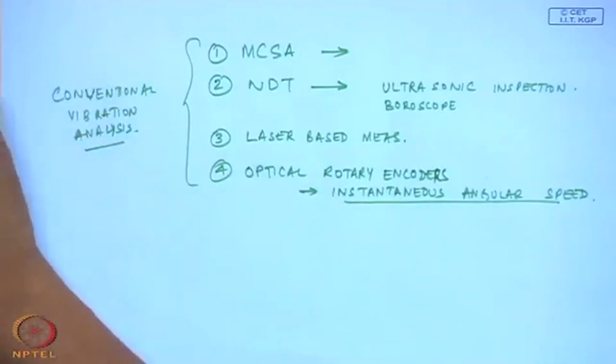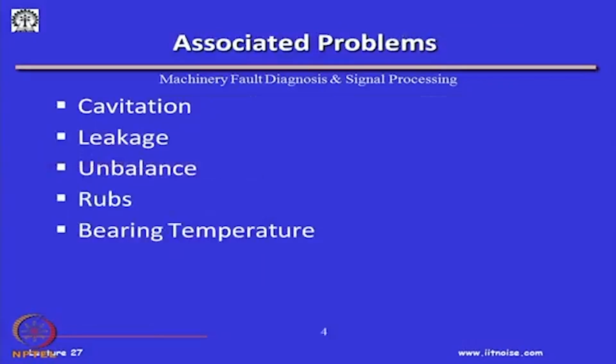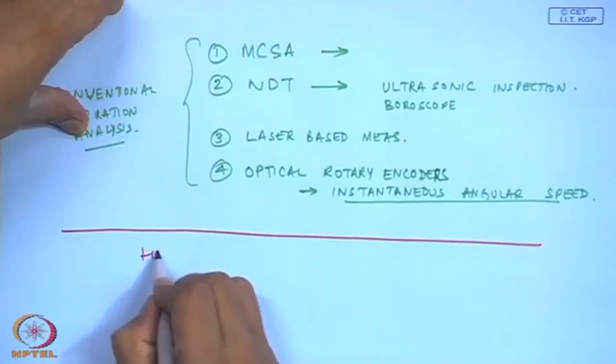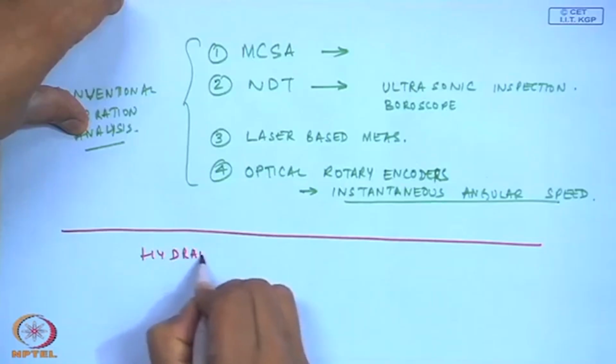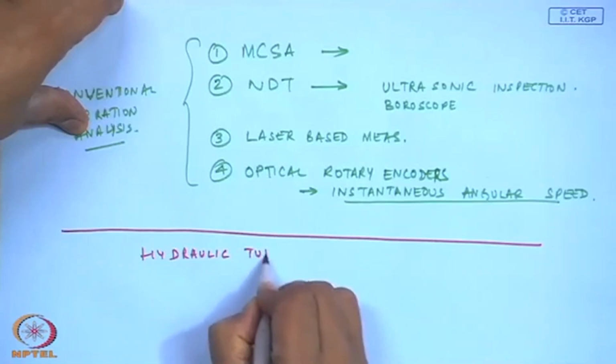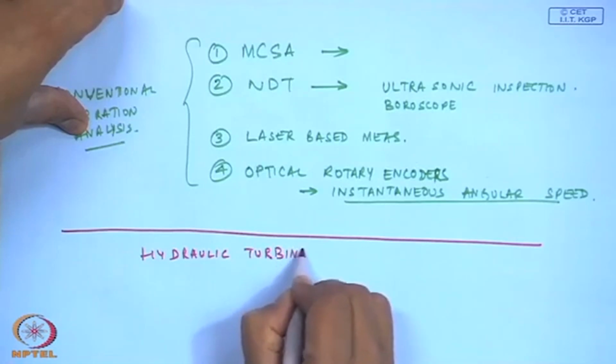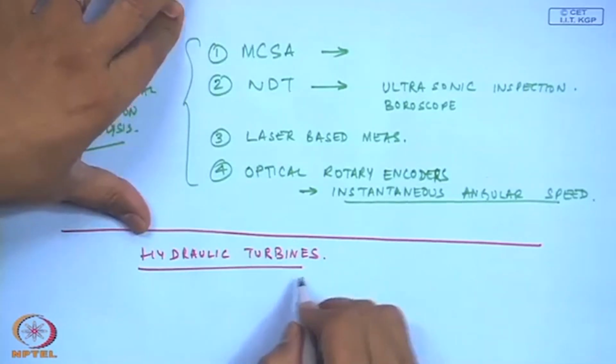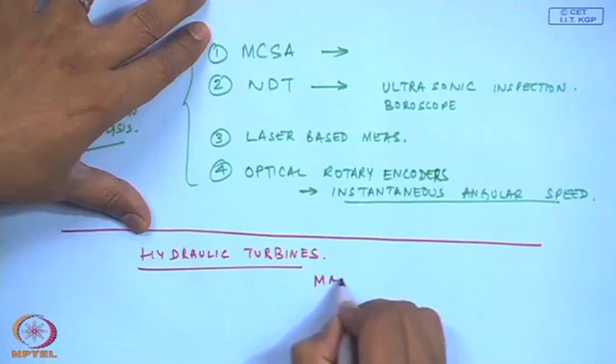But there are a few other associated problems in such turbines, particularly in hydraulic turbines: there is a limit to the maximum flow rate.